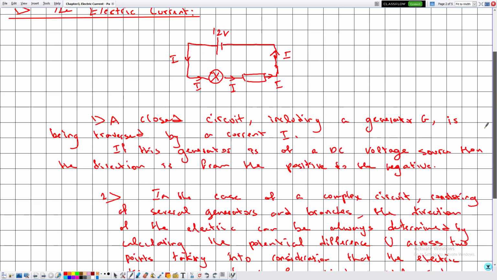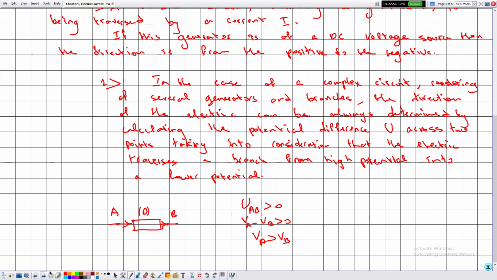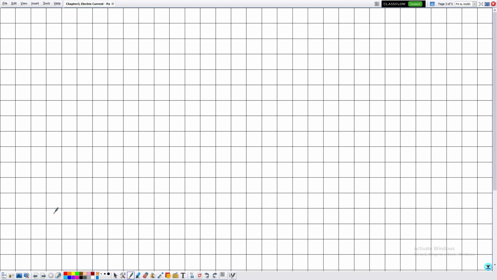So this is it for the first section. Now let's move to the next section, which is the laws of currents.